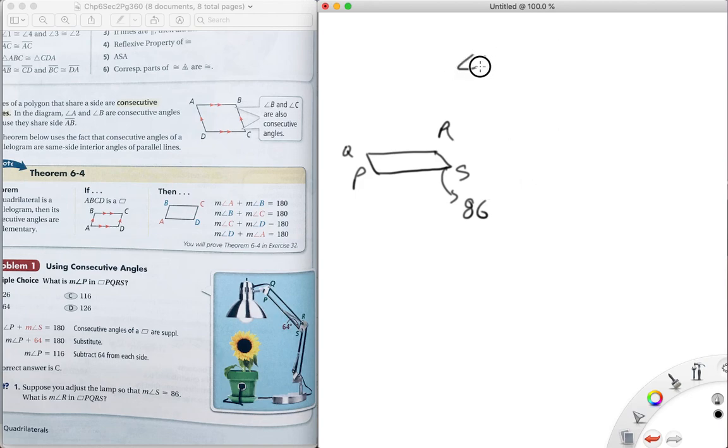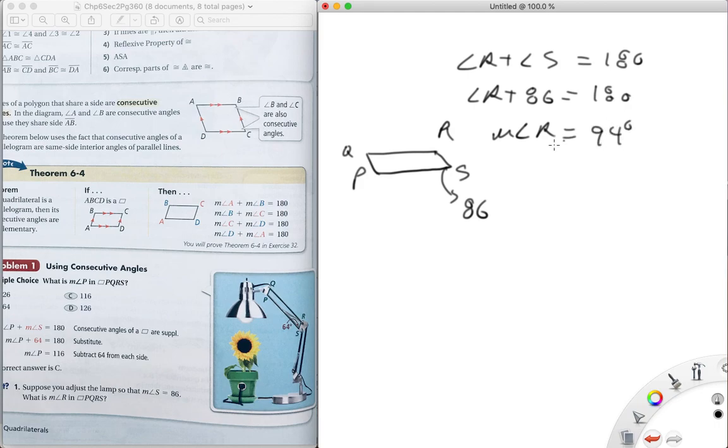Angle R plus angle S equals 180 because they're supplementary. So angle R plus 86 equals 180. So the measure of angle R is going to equal 94 degrees. I just subtracted 86 from both sides.